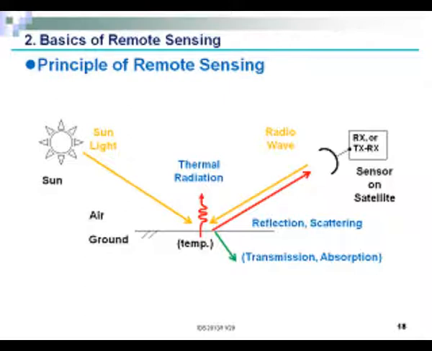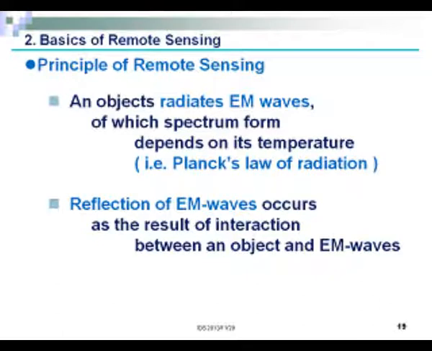Sunlight has a visible region and also an infrared region. My specialty is around here using microwave, but today we don't explain that, just focus on sunlight reflection only.